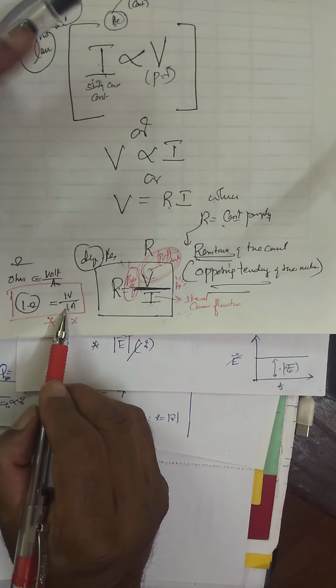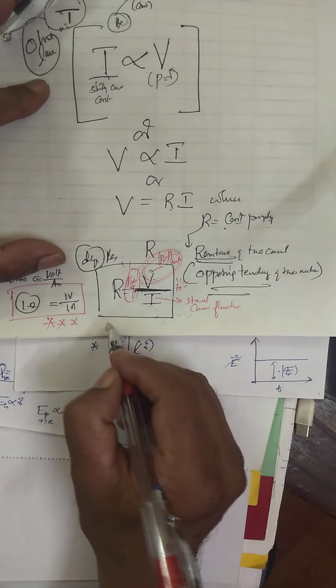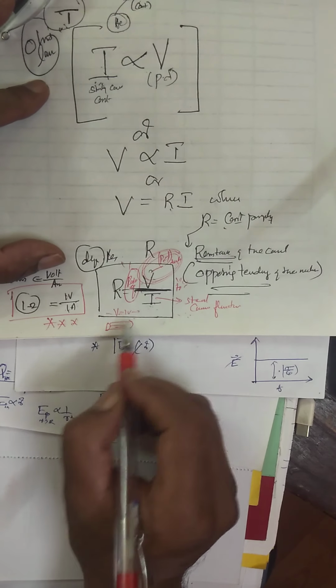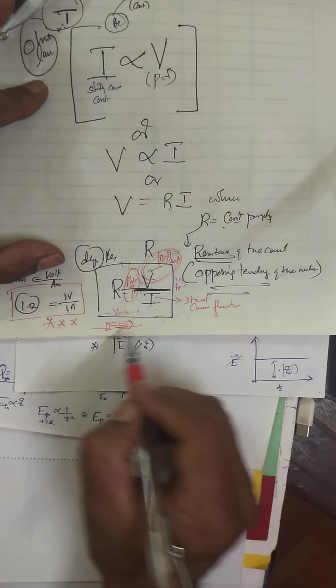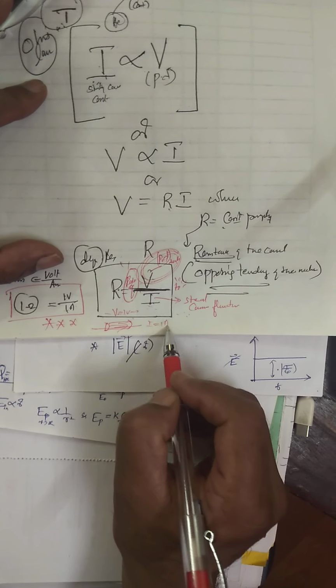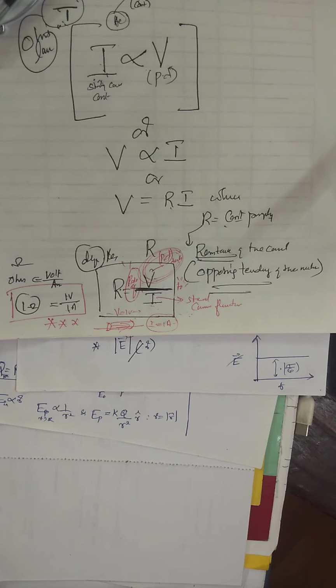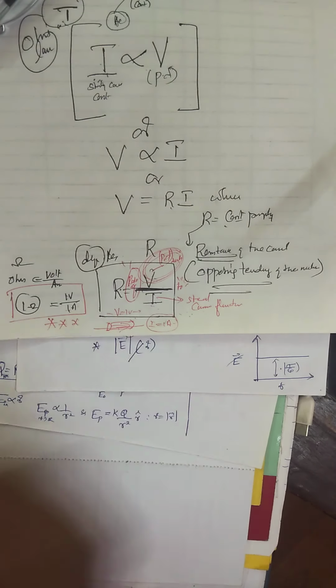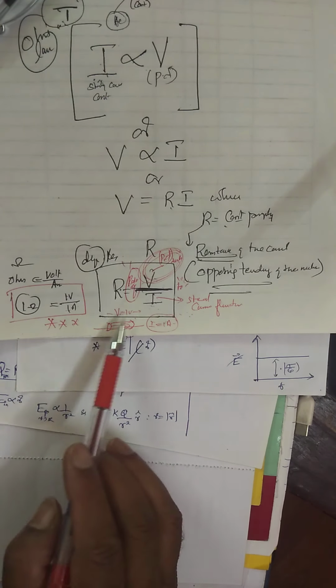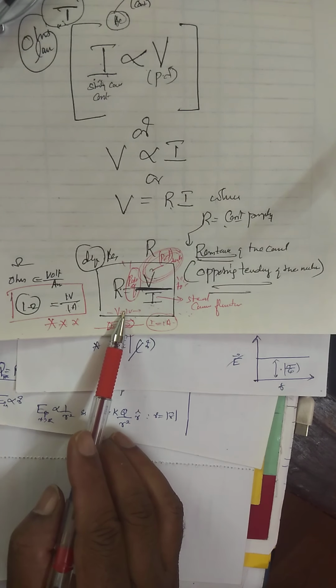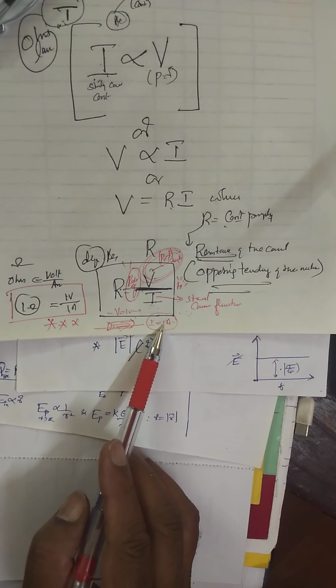When 1 ampere, see now you start. There is a conductor. The conductor is maintained at a potential difference of 1 volt, and if the current flowing through the conductor is 1 ampere, then the resistance of that conductor is said to be 1 ohm. Now you have to form the sentence properly. How? Take a conductor whose ends are maintained at a potential difference of 1 volt and pass a current of 1 ampere.